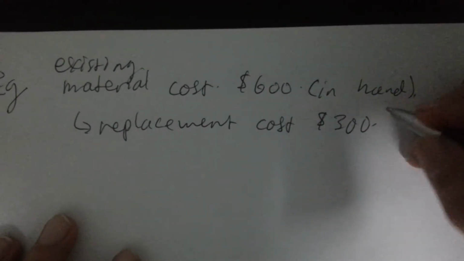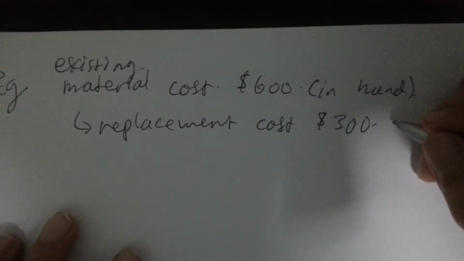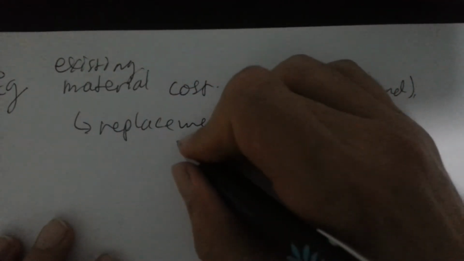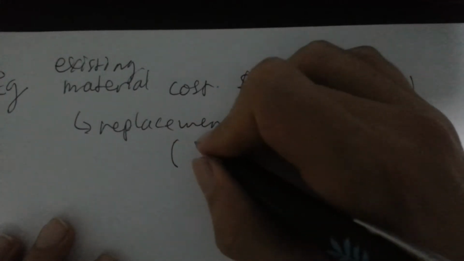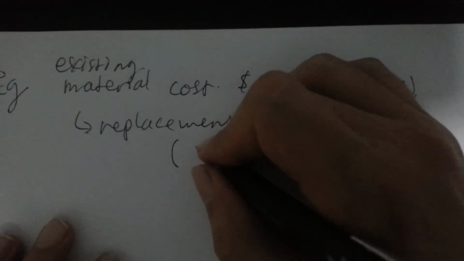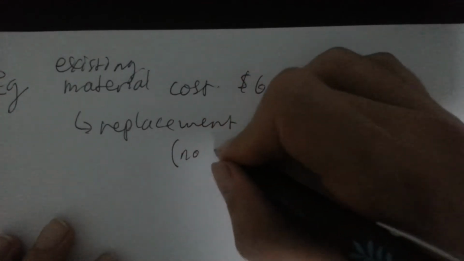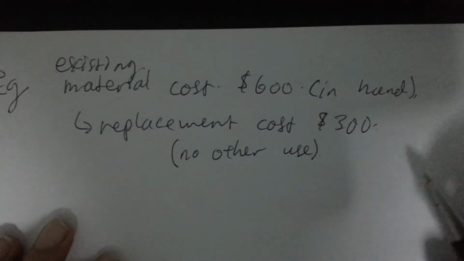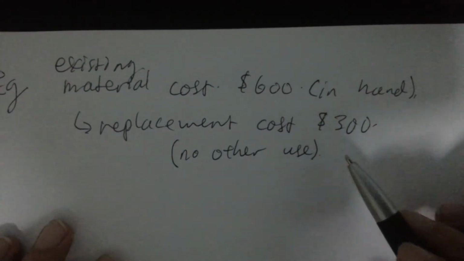Now my question here is, what if I add one more thing here and tell you that these materials have no other use? Okay, no other use. That means you will not need these materials for any other thing.